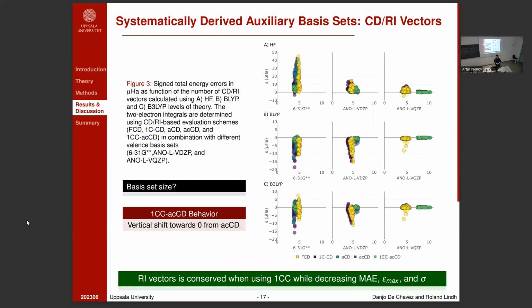Another important part of these techniques, these inner projection techniques, is the Cholesky vectors, which I discussed earlier. In this case, I'd like to point out the 1C-ACCD behavior. It's just a vertical shift towards zero from ACCD. This is because from the formalism that I laid out earlier, we know that they use the same Cholesky vectors, and that the exact or conventional way of calculating the two-electron integrals doesn't use this formalism.